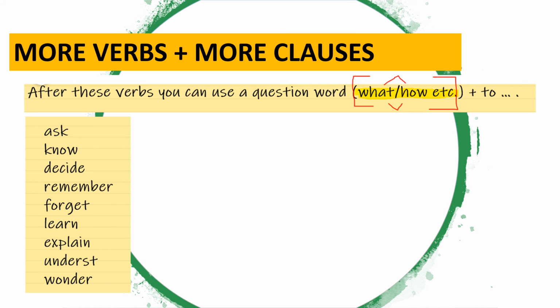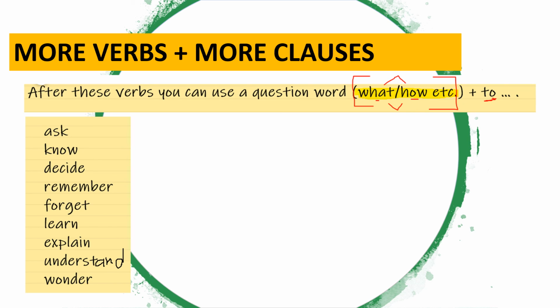We have more examples now. Here we can use what, how, to. Now we are checking more relative clauses. For example, ask, know, decide, remember, forget, learn, explain, understand, and wonder.